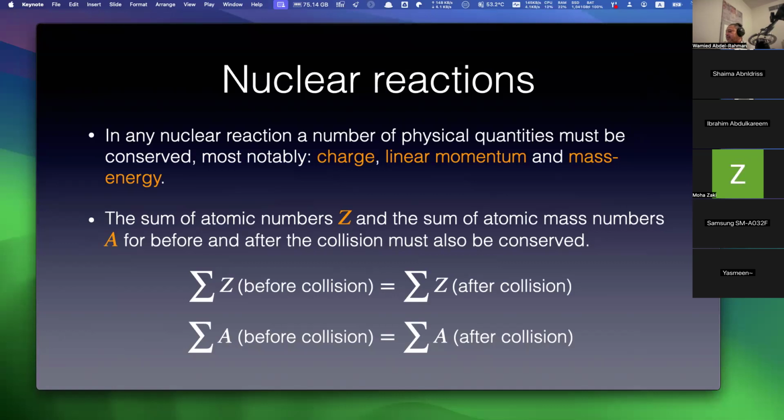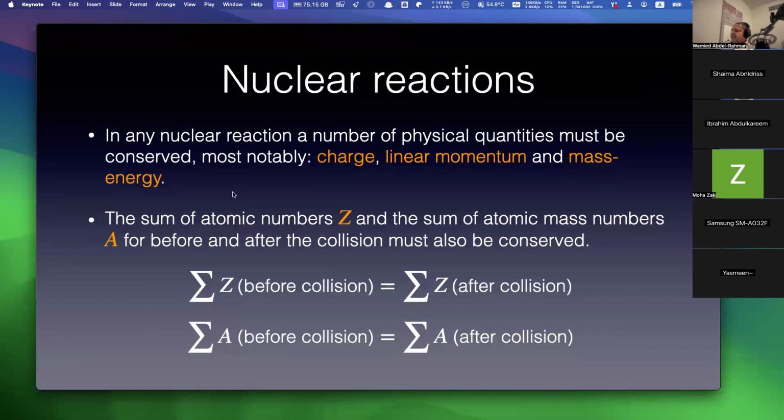Also, their linear momentum should be conserved, as well as their masses and their energies. The sum of the atomic numbers and the sum of the atomic mass numbers, that is Z and A, before and after the collision must also be conserved.